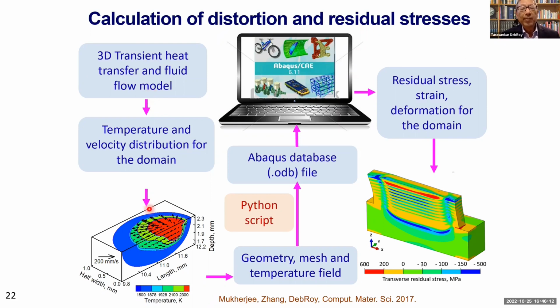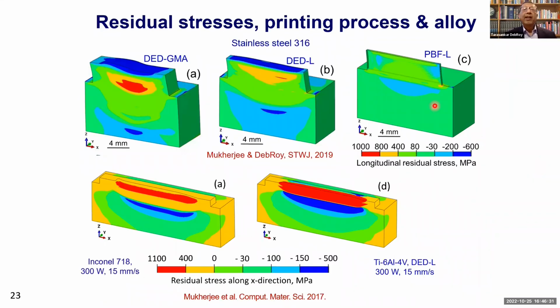We do the temperature calculations, and we feed this into Abaqus through a Python script, and we get the residual stress and distortion calculations done using very accurate transient three-dimensional temperature fields. And we can calculate the relative values of residual stresses for directed energy deposition gas metal arc, directed energy deposition laser, or powder bed fusion laser.